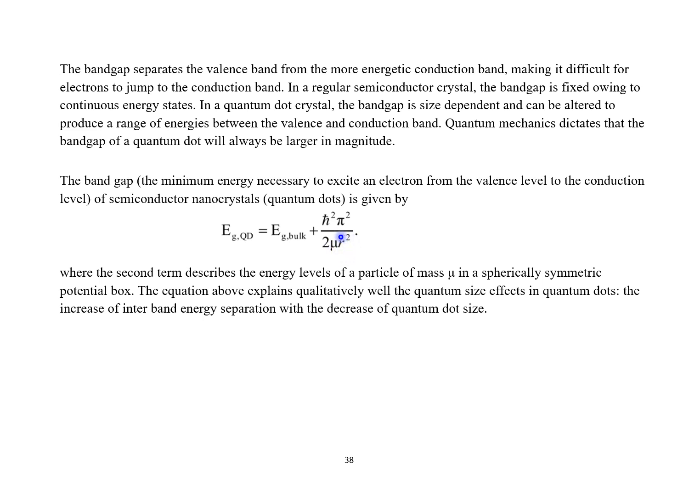Obviously, as this term r gets smaller, the whole term gets larger, so the band gap Eg will become larger. The equation above explains qualitatively well the quantum size effects in quantum dots: the increase of interband energy separation with the decrease of quantum dot size.